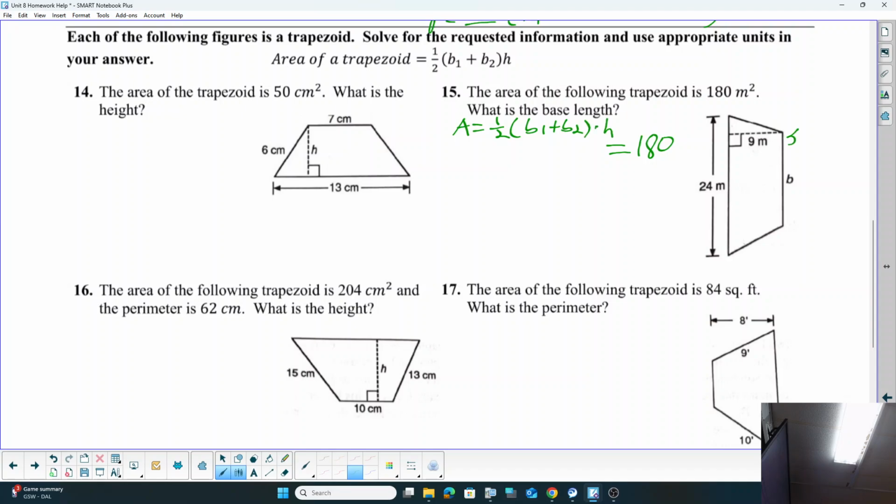Well, they give us the height. The height is 9. Good. And they give us one of the bases, so we just need to find the other.